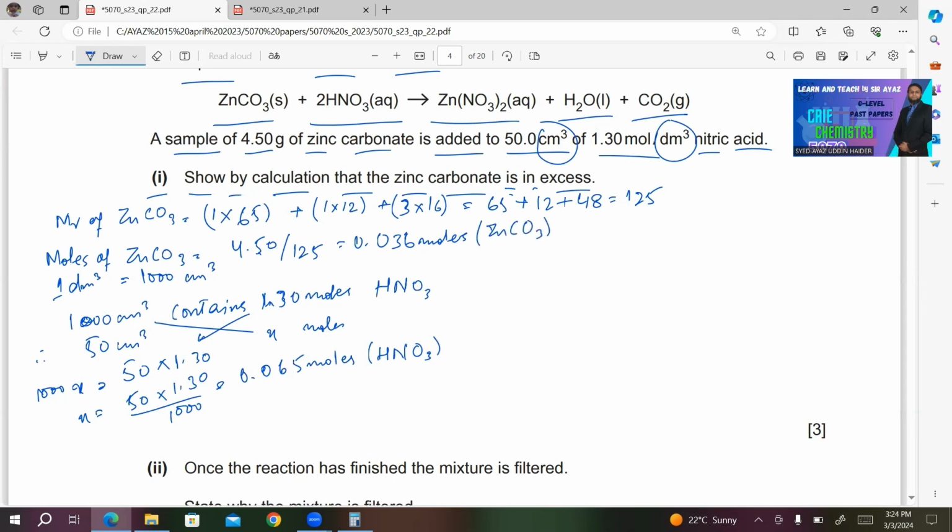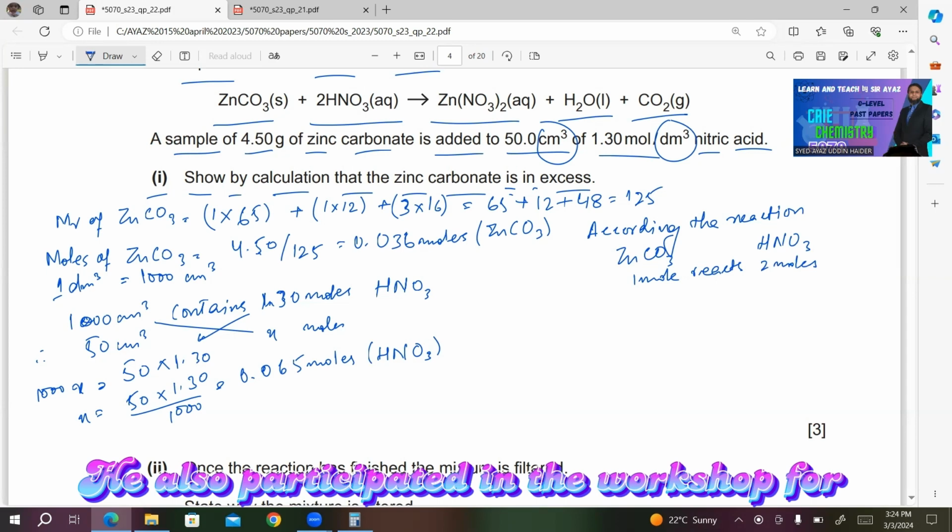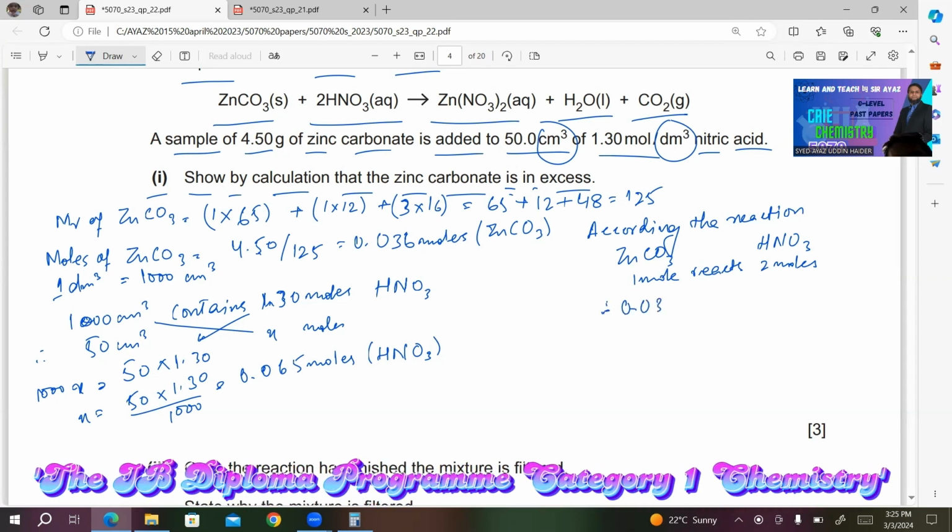Now, according to the reaction equation, one mole of ZnCO3 reacts with 2 moles of HNO3. So therefore 0.036 moles reacts with X moles of HNO3.